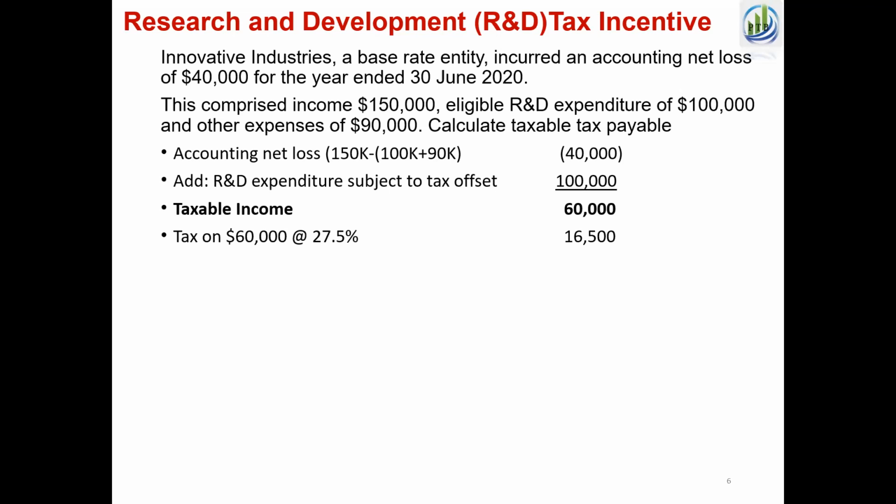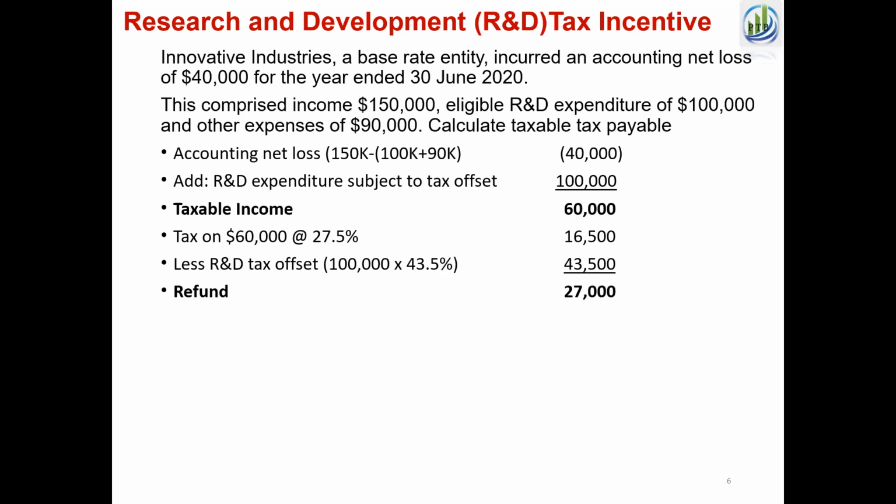Now assume that this is a small business entity or small company. In that case, they will get 43.5% offset for the 100,000 they spent on R&D. So 43,500 is the R&D tax offset. How much tax are we required to pay? 16,500. So for a small company, they will get $27,000 back.